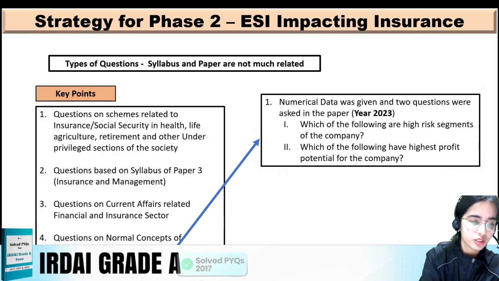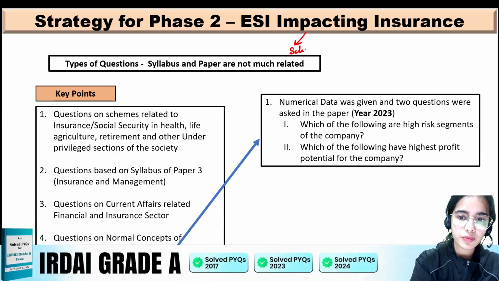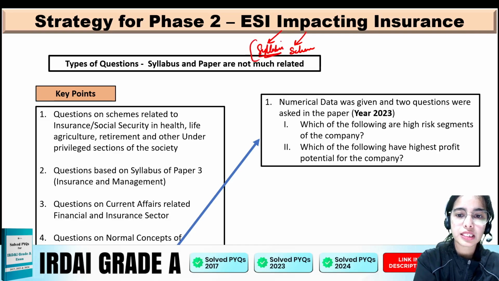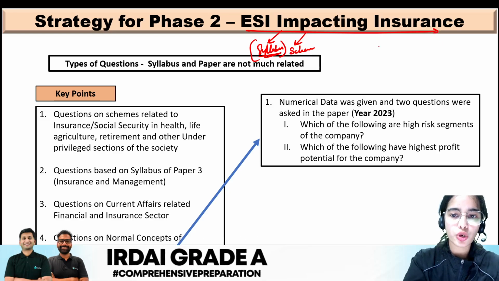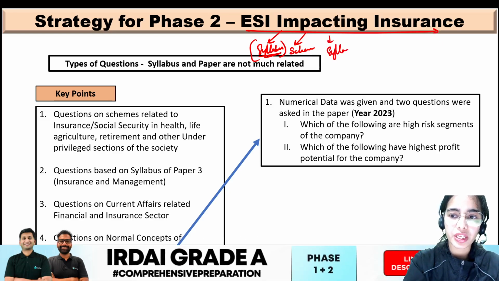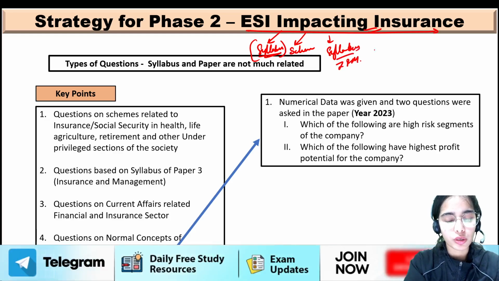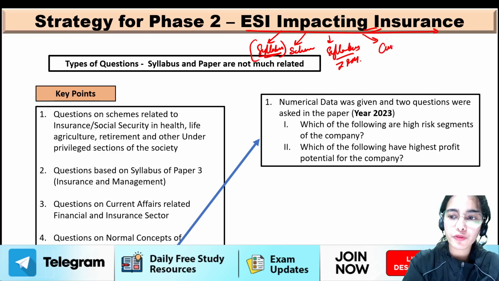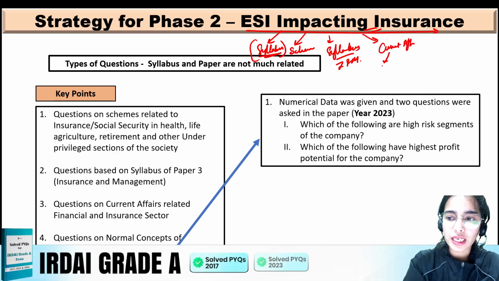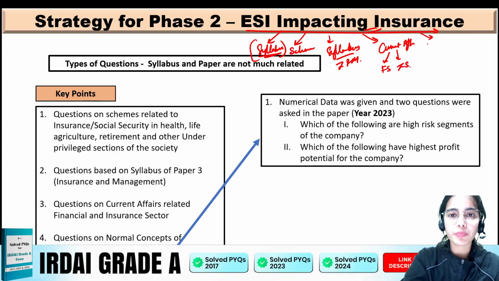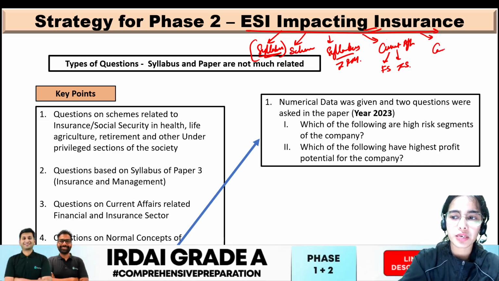Basically, the questions on schemes and the questions from the syllabus of ESI impacting insurance, or the syllabus of insurance and management also. The questions can come from current affairs related to the financial sector or the insurance sector, and from some generic topics, or case study based questions can come.